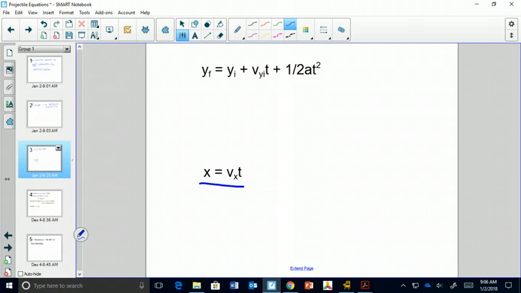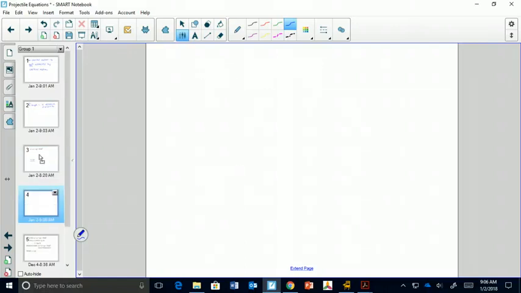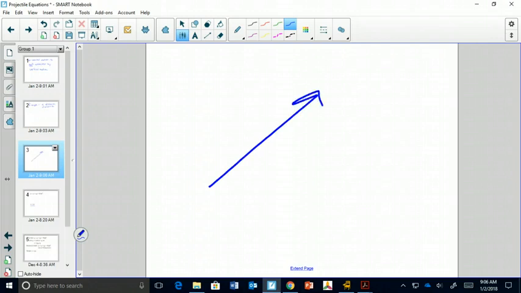Because if I've given a projectile, right, I can break its motion into its two pieces, right? If I have something being shot this way, I can break it into its x and its y, right?